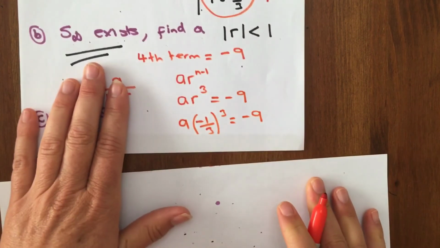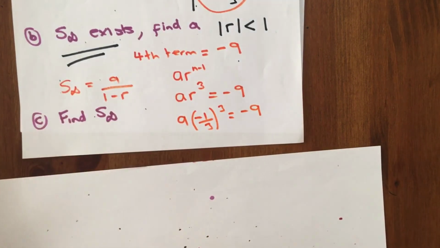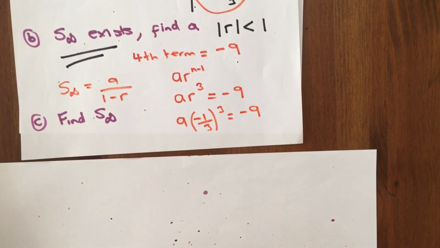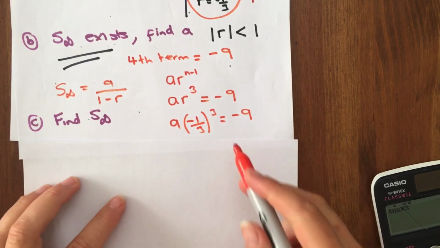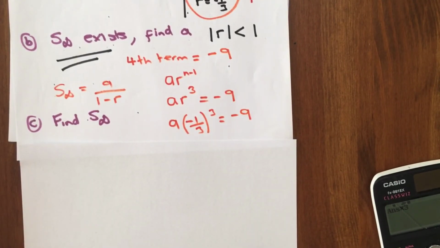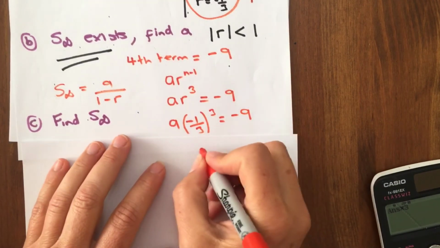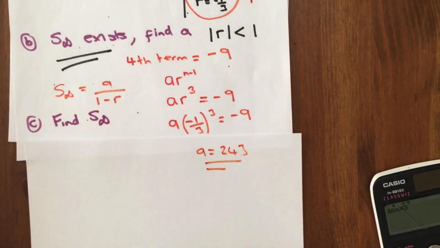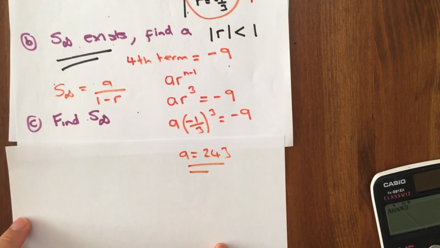So I know I get this equation here. So if I put that into my calculator, I can see I get A to be 243. Now, you guys might have found an easier way to do that, which I've just realised myself.